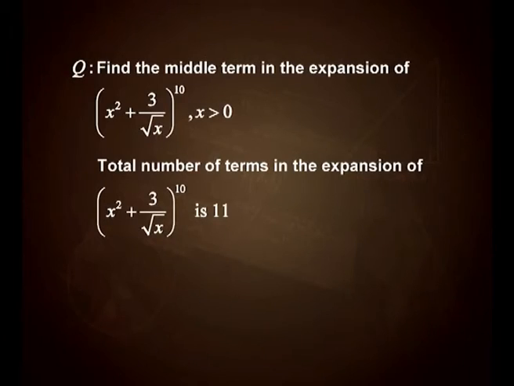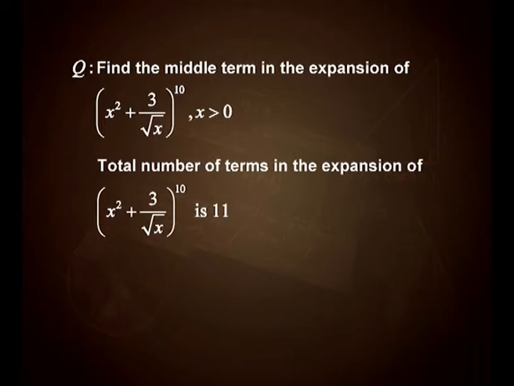So, here the focus is on first identifying which term would be the middle term of this expansion. If you notice the index of the expansion is 10, how many terms are there in the expansion? Not 10, 11, right? One more always than the index.